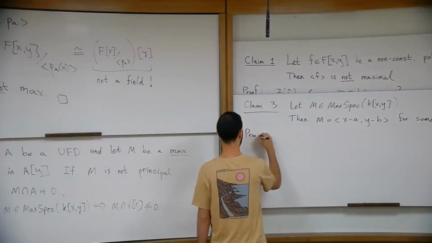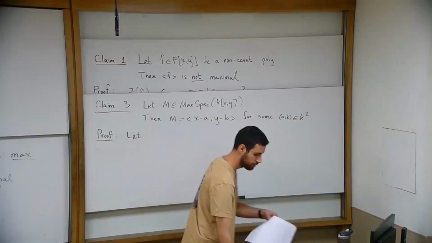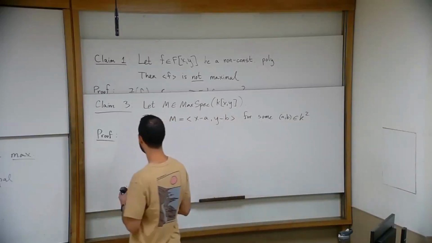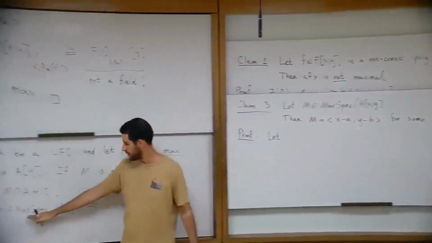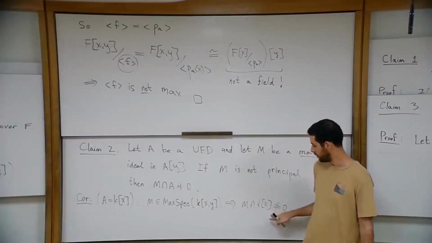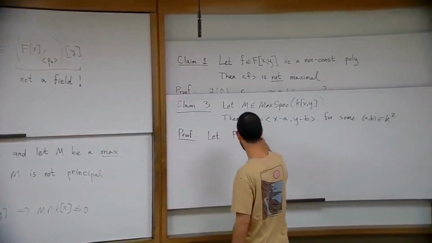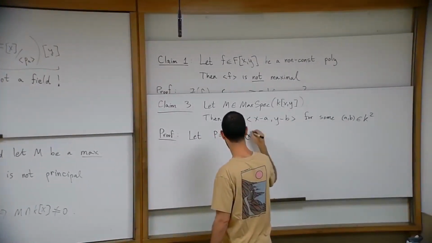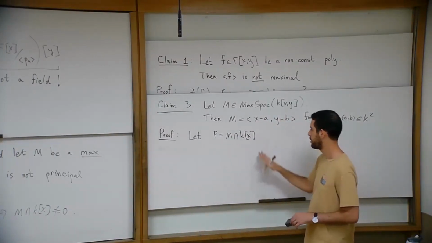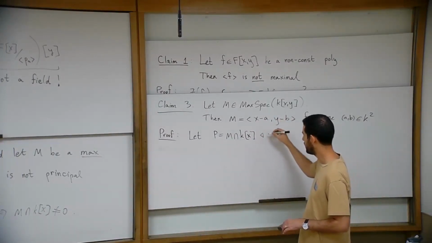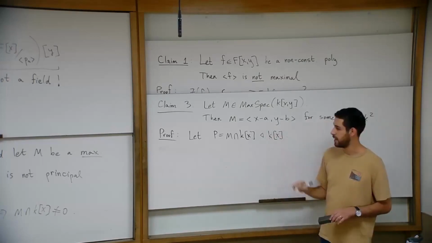Proof. So first, the corollary says that if M is a maximal ideal, then its intersection with K[x] is non-zero. So let P be this intersection. What can we say about P? Well, it's easy to check that it is an ideal of K[x].